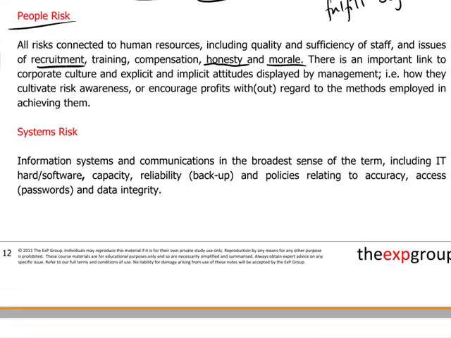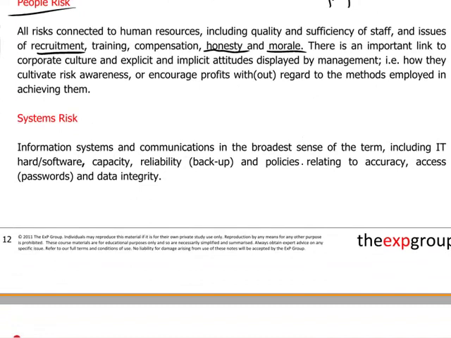Now, systems risk relates to things that one would ordinarily expect with regard to information systems, IT, the communications infrastructure of the company, the reliability of backup systems, and all the issues relating to maintaining the integrity of the system, accuracy of inputs, access, and so on. So systems security.